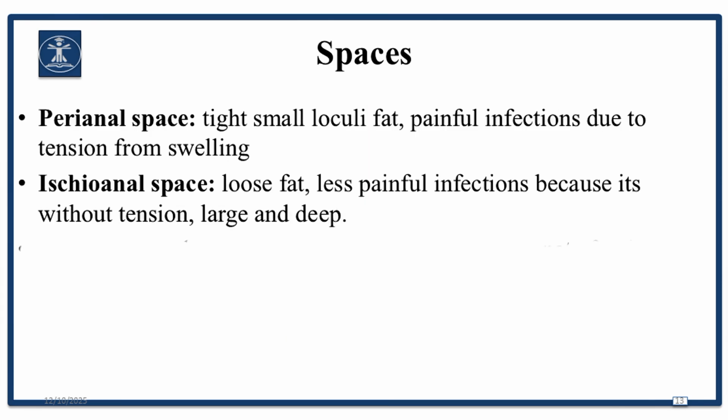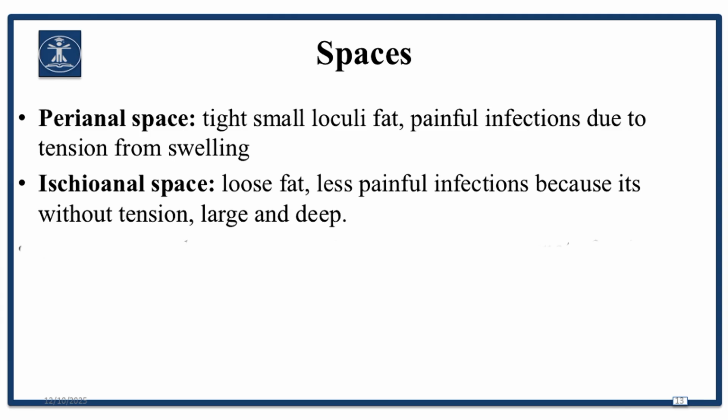There is a space around the ischioanal fossa as well, and it is called the perianal space. As the name implies, perianal space. The word peri means around or close to, or you can say nearby. So perianal, we all know what anal means, the anal canal, the anus.